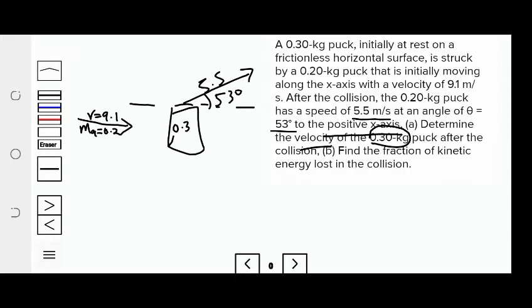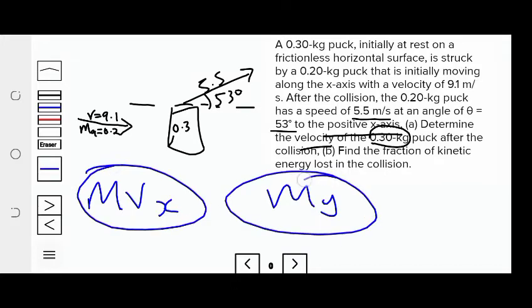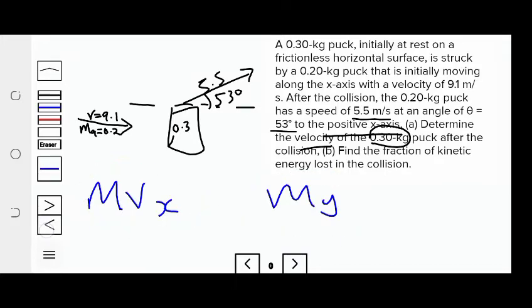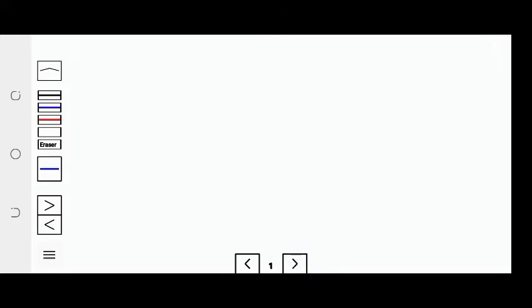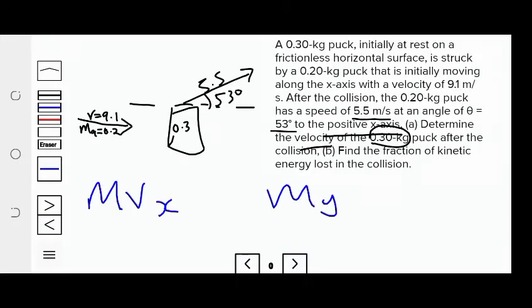So our analysis or strategy is going to be like this. We are going to consider the momentum in the x and also the momentum in the y. So the momentum in the x must be conserved, so is the momentum in the y. And how are we going to go about that? Actually, let's call this one mb, since we've called that one ma.